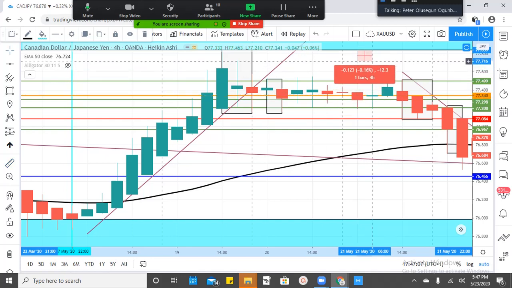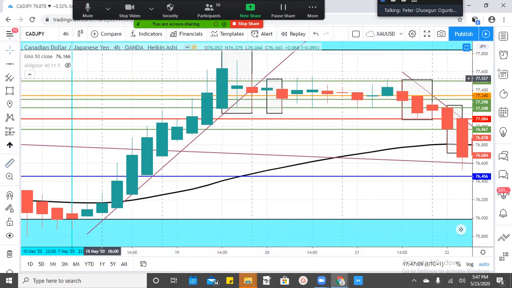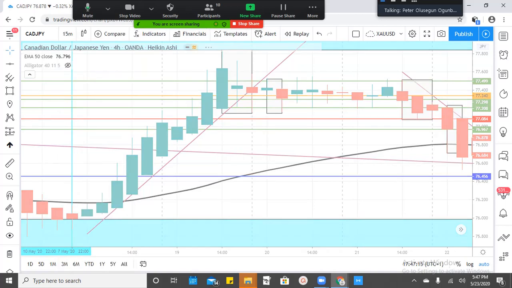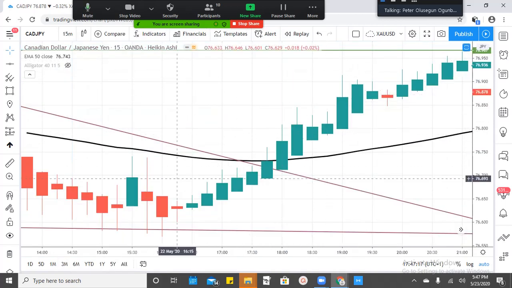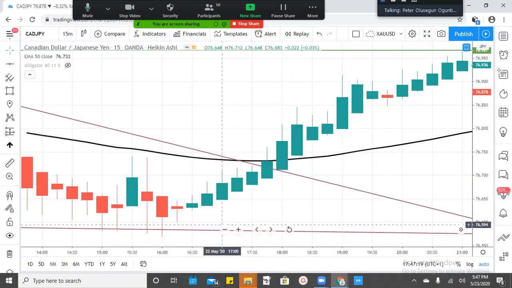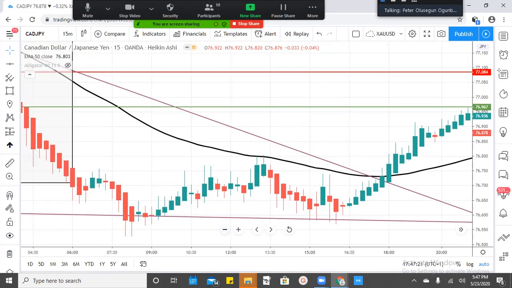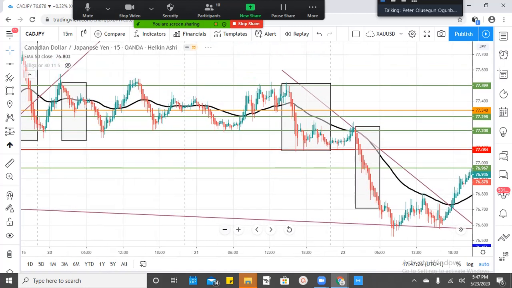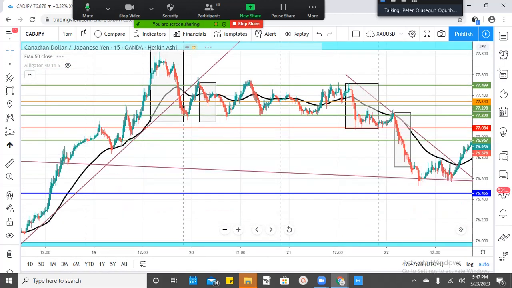But if I want to confirm and use my EMA 50, let's look at EMA 50 at 15 minutes to see where it is on that chart. Yeah, so that's the second box. So EMA 15.